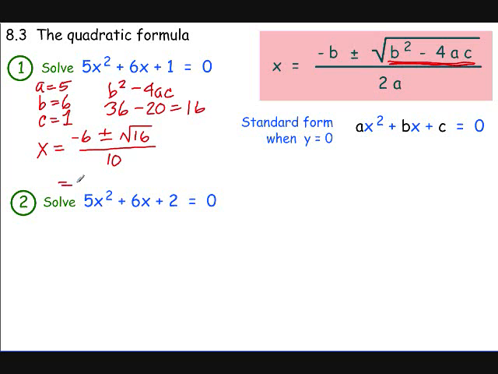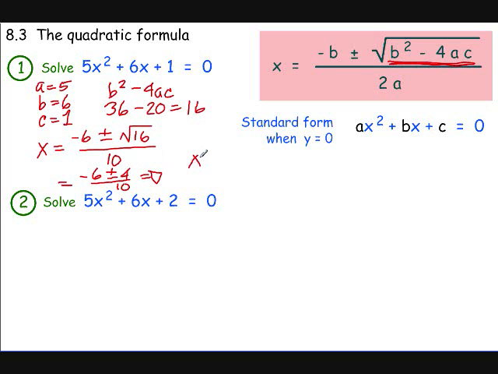So our X is equal to a negative 6 plus or minus 4 divided by 10. So we've got, let's do it this way.